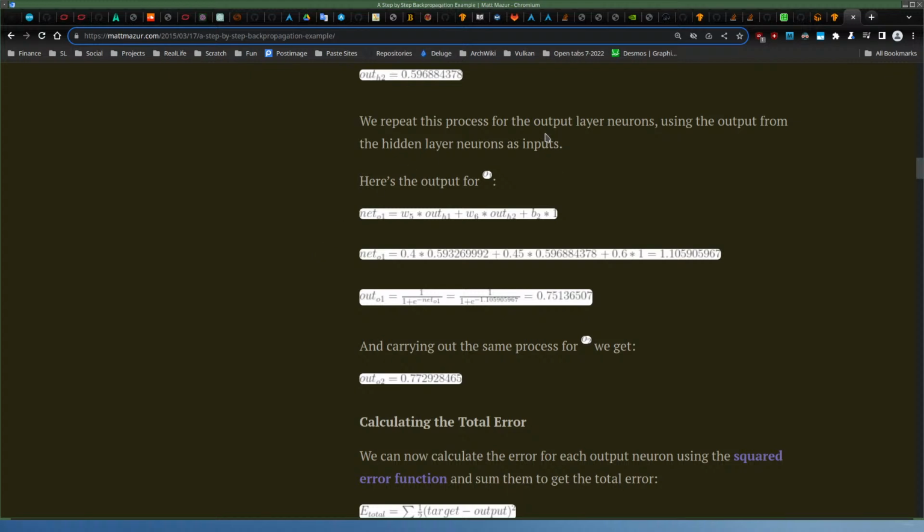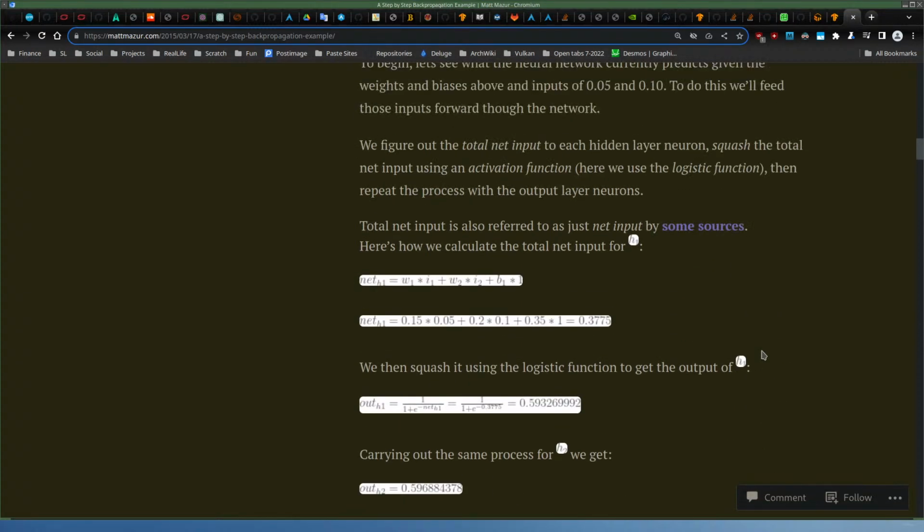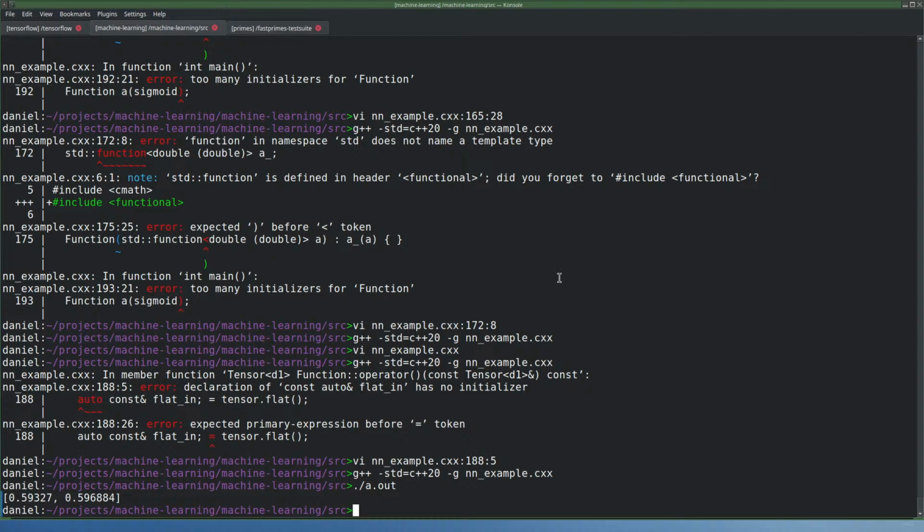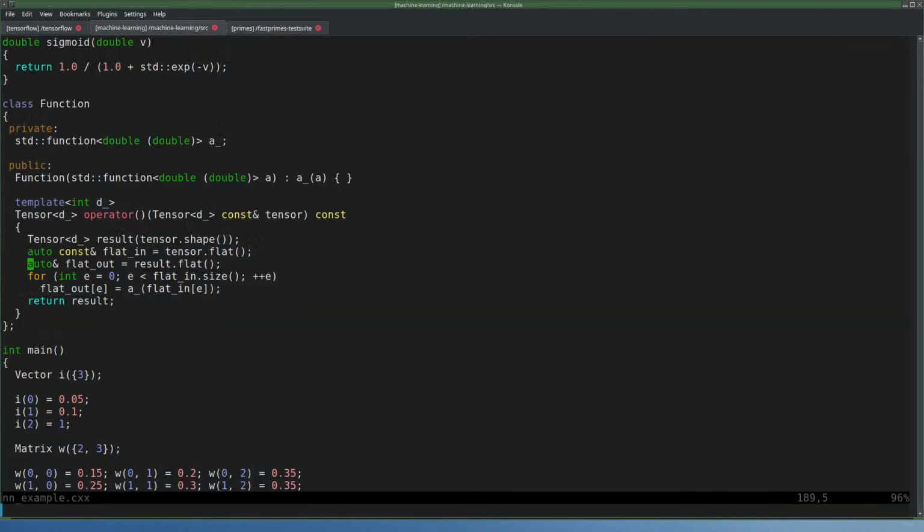We repeat the process for the output layer neurons using the output from the hidden layer neurons, as in, here's the output for O1. Okay, I need a new weights matrix, I guess. So we're going to rename the weight that we currently have.